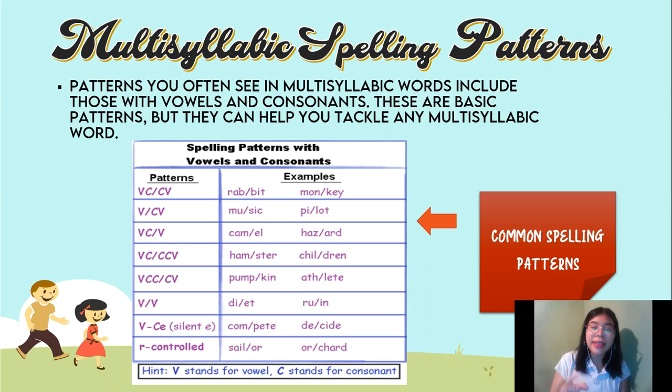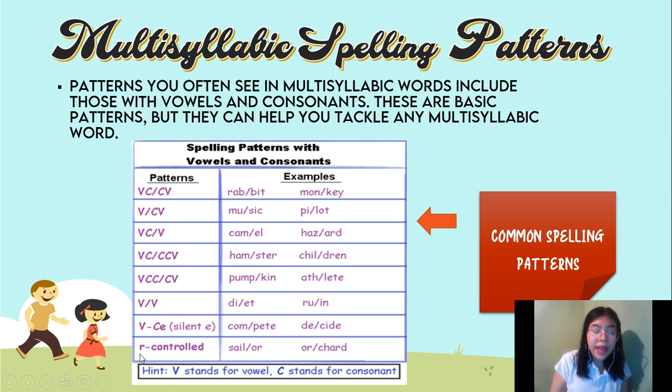These vowels and consonants repeat themselves constantly, and they can help you tackle any multisyllabic word. These patterns are going to help us decode and break down the sounds of multisyllabic words in order for us to pronounce them better. So we have spelling patterns with vowels and consonants.